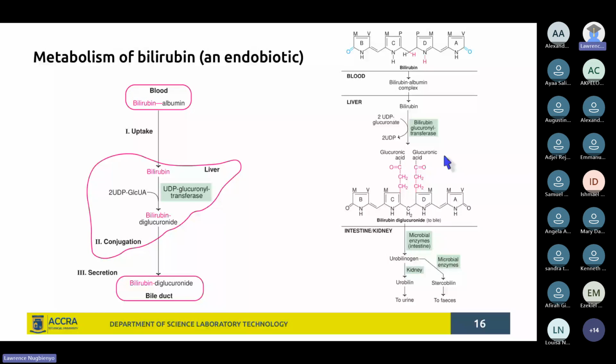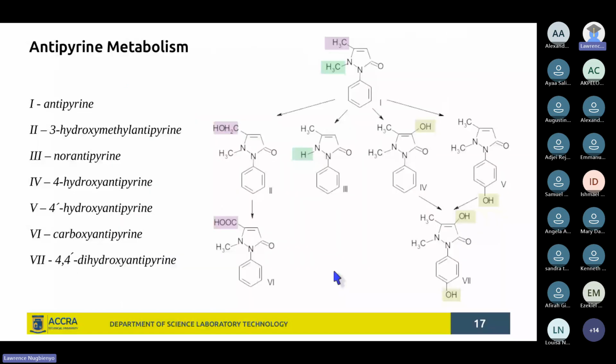All right. Now we take some drug substances like antipyrine, and we see what are some of these reactions that we looked at that can occur on these drug substances.